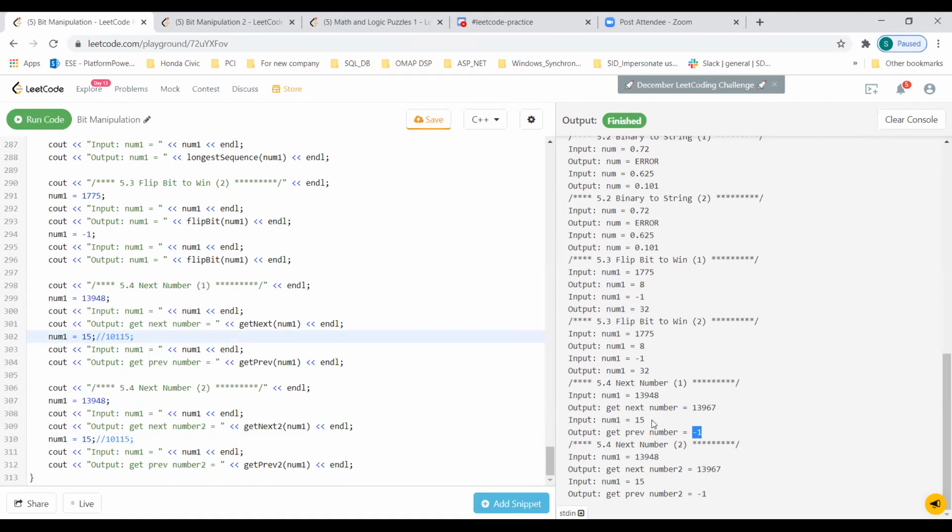In the 15 case we can't find any, since the lowest one after 15, they are all ones. So that is a corner case.